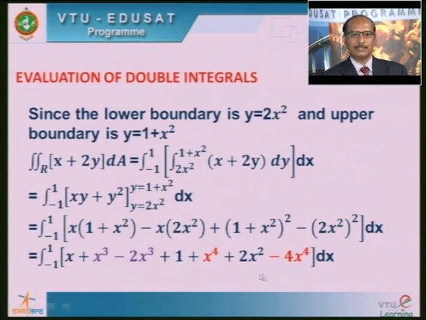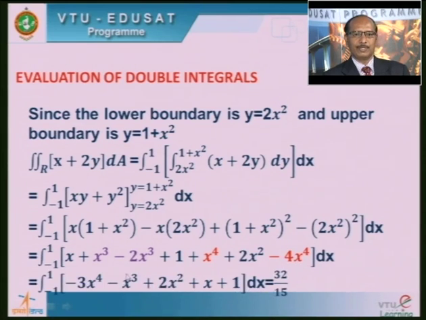Now, simplifying this, collect the like terms: x raised to 4 and minus 4 x raised to 4 becomes minus 3 x raised to 4, and there are x cube terms, x cube and minus 2x cube, simplifying that, minus x cube, plus 2x square as it is, plus x as it is, plus 1 as it is.